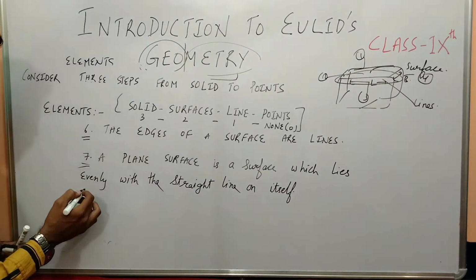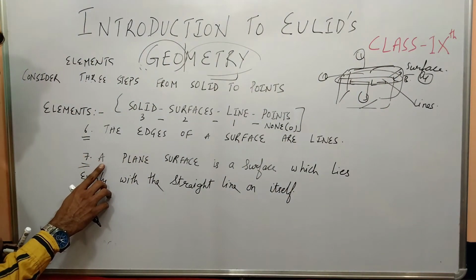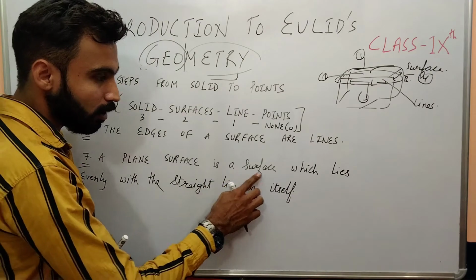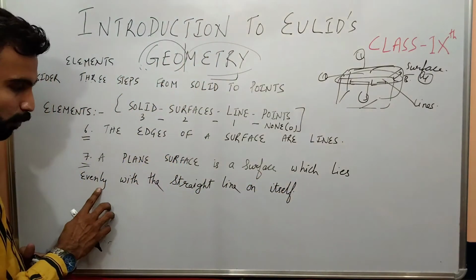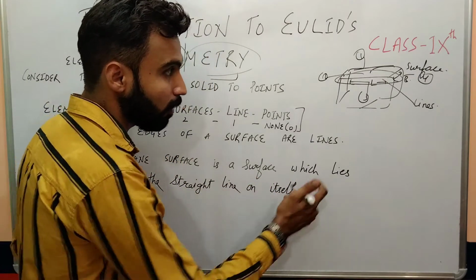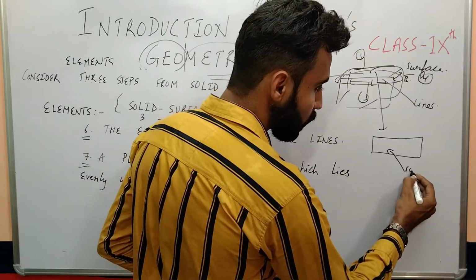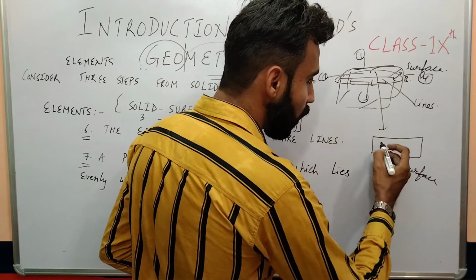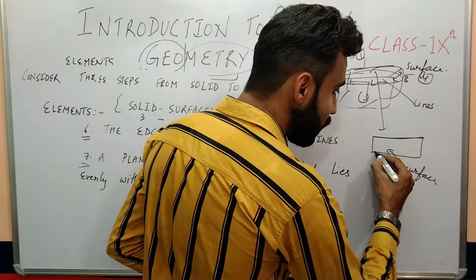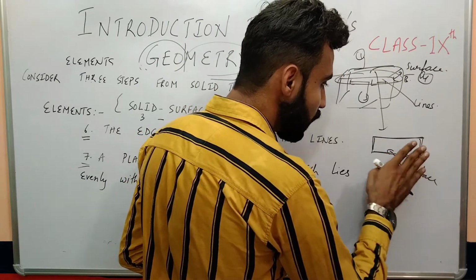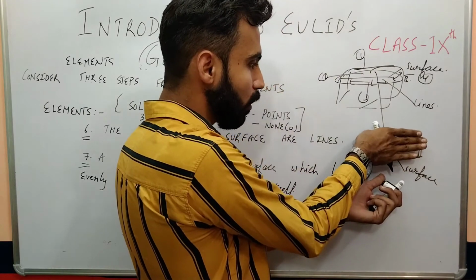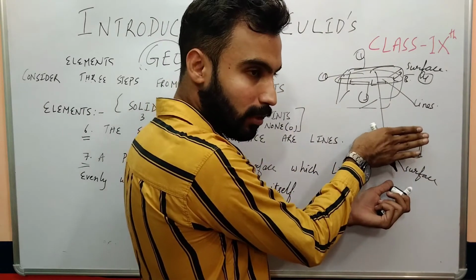Now moving on to the seventh one and the last one, it says a plane surface is a surface which lies evenly with the straight line on itself. Let me just simply draw it separate here. A surface, now this surface is actually lying on the straight lines. You can see here there are 4 lines and the surface is lying on the lines, the straight lines here.